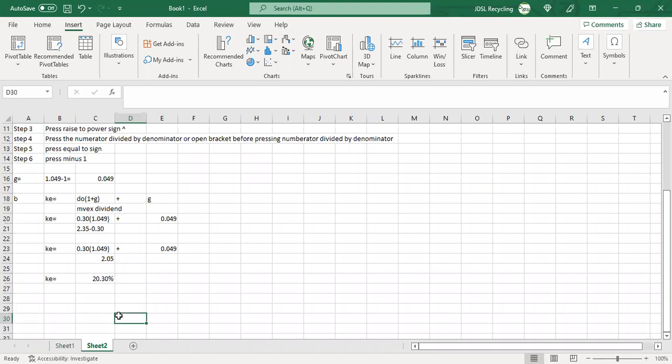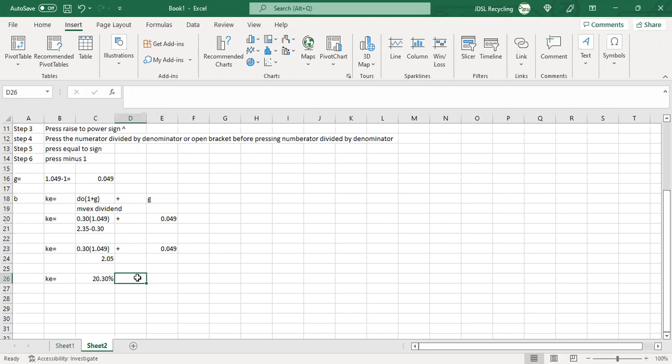Are we together, please? Can you take that interpretation again? Okay. So this means that the expected return by the shareholders is that after the appraisal of the investment, the return should not be less than 20.30%. If it is less than 20.30%, that means the project is not viable.